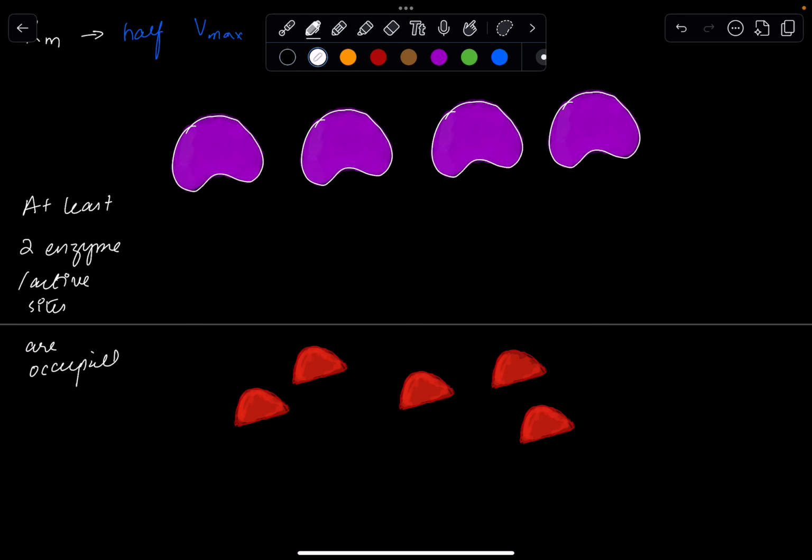It doesn't matter which 2, it could be this 2, or these 2, or this 2. It doesn't really matter which 2 these are.